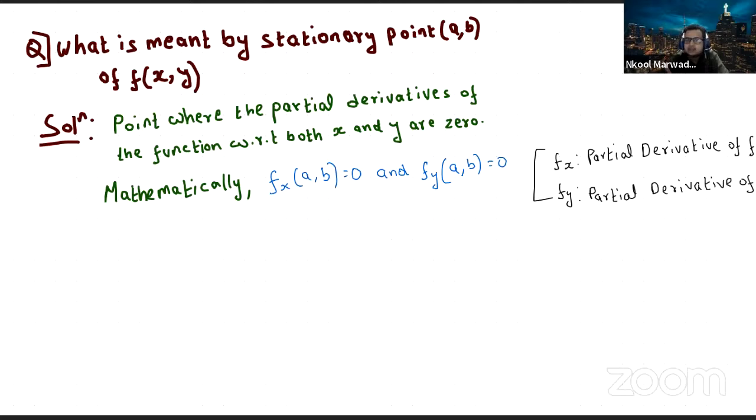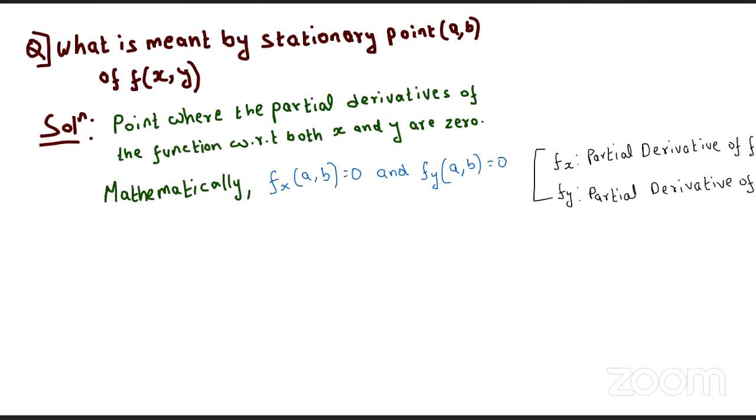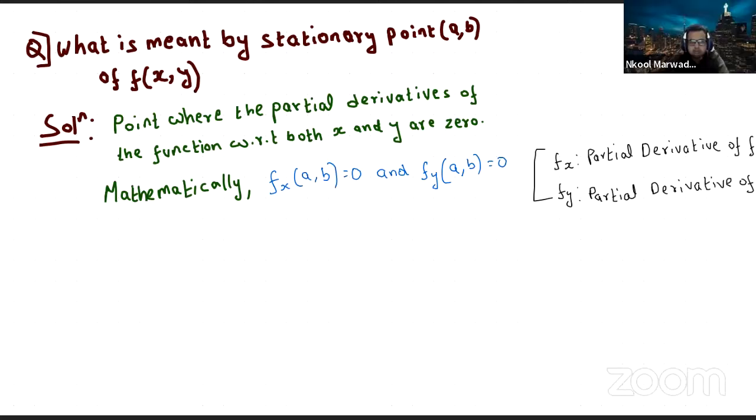It means that the function is not changing by changing x. At that point, the function is not changing along the x-axis and also along the y-axis. For certain limits also, that is for later on. So let me mention it.